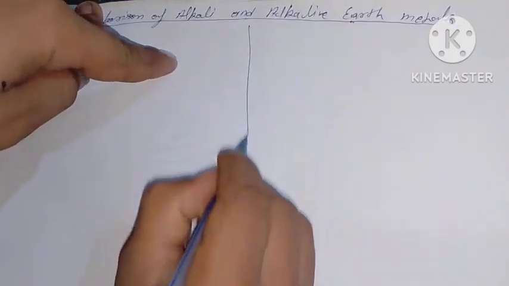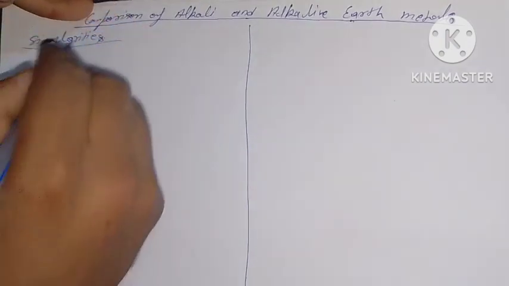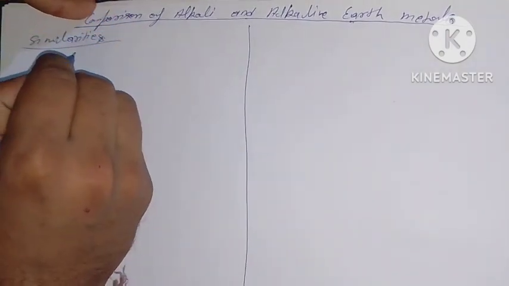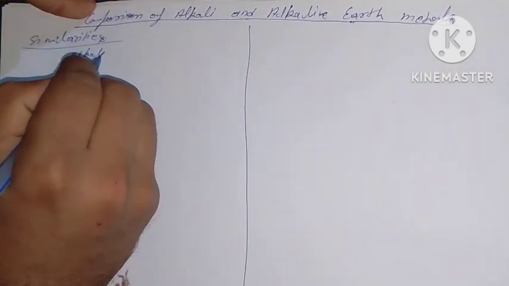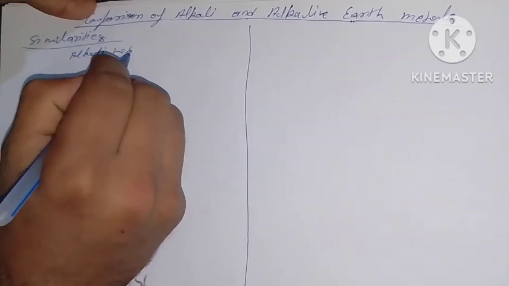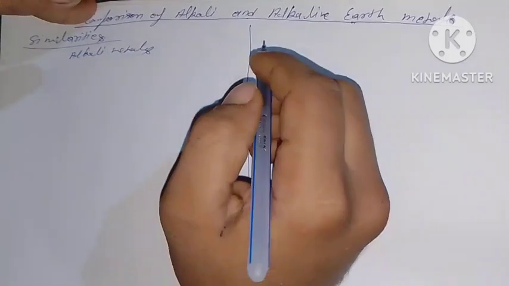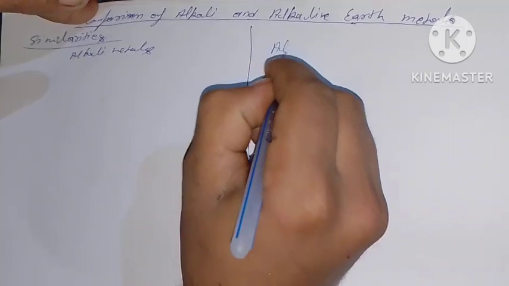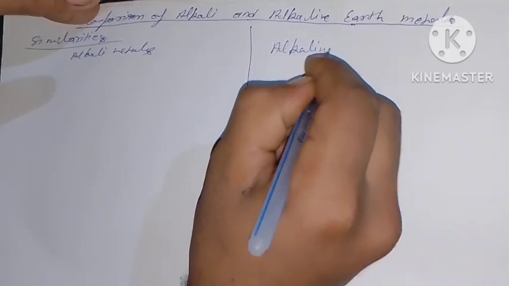Similarities between alkali metals and alkaline earth metals.